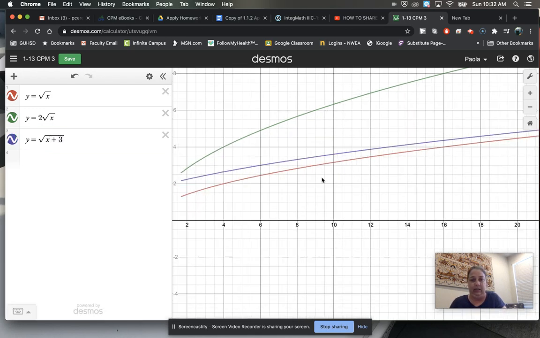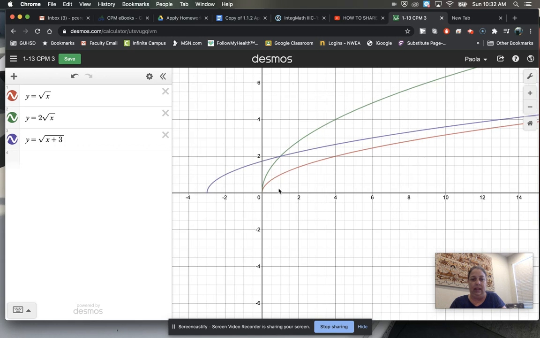Let's see. So it seems like it shifted to the left when I added 3. It shifted 3 units to the left when I added 3. It has an x-intercept of -3 and a y-intercept of 1 point something.